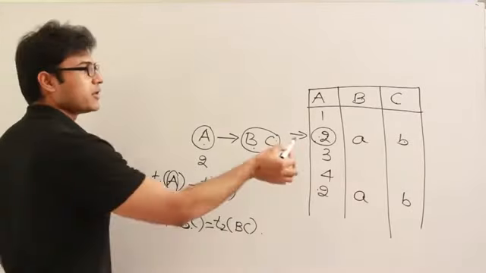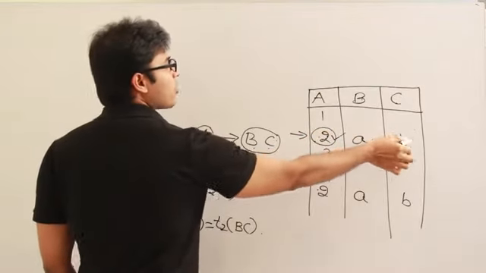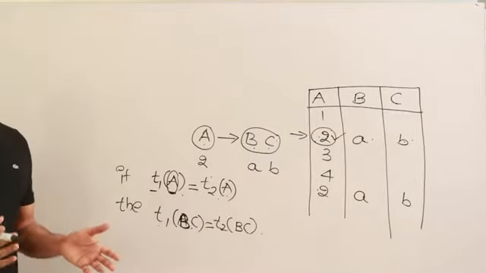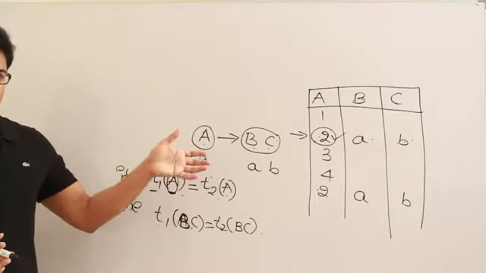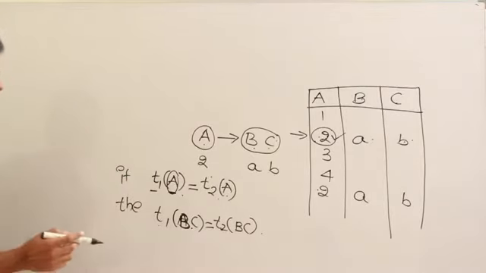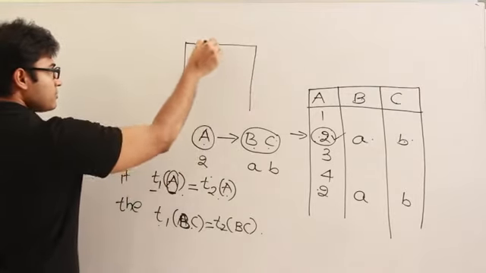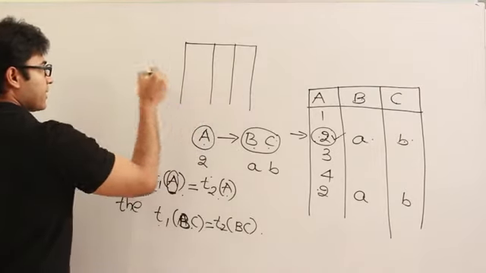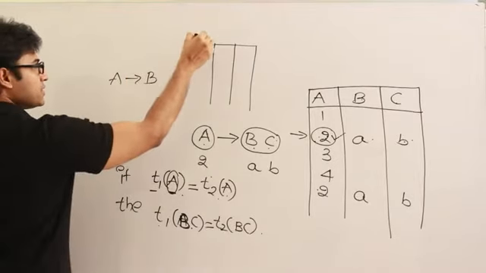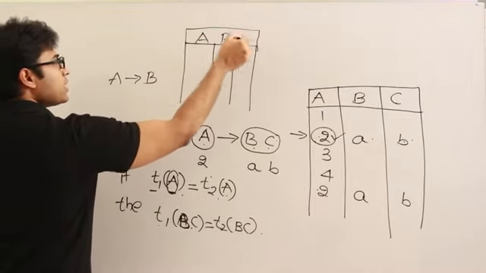Or one other way to interpret it is, given a value of A, you should be able to determine what the values of B are. So it is not exactly the key. There is a kind of relationship between the key and the functional dependencies. If I say A determines B, where this is A and this is B, then A need not be a key always.